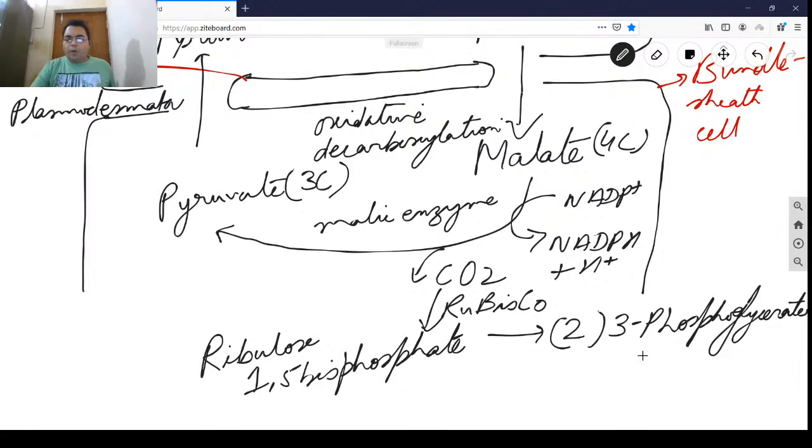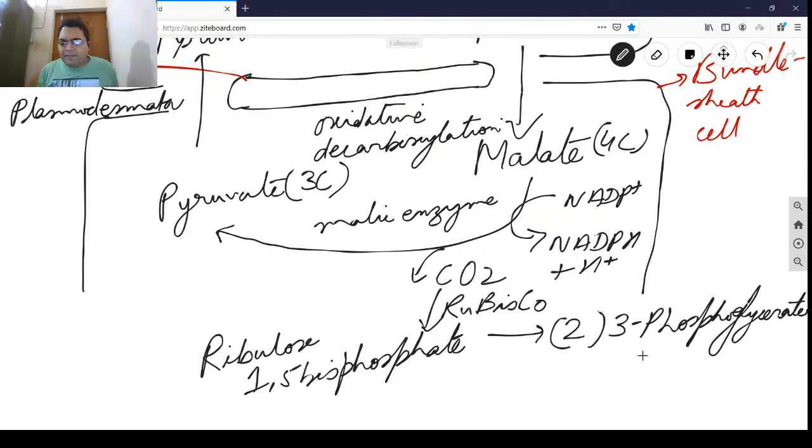Because you are not providing Rubisco any opportunity to select between O2 and CO2. If O2 is present, even though the Km is very high, almost 350 micromolar, it can even go for a 3:1 ratio because O2 concentration is high, almost 20%, while CO2 is 0.04% currently. Then it can go for that reaction.